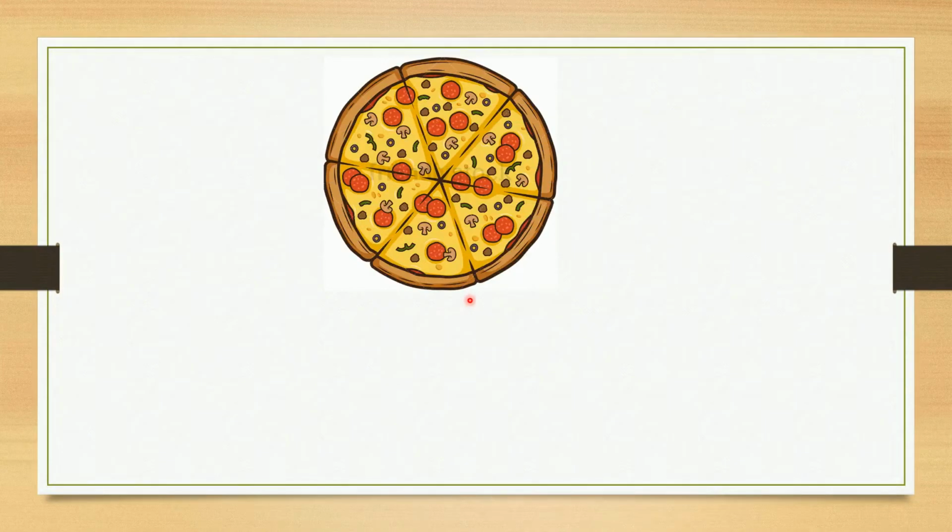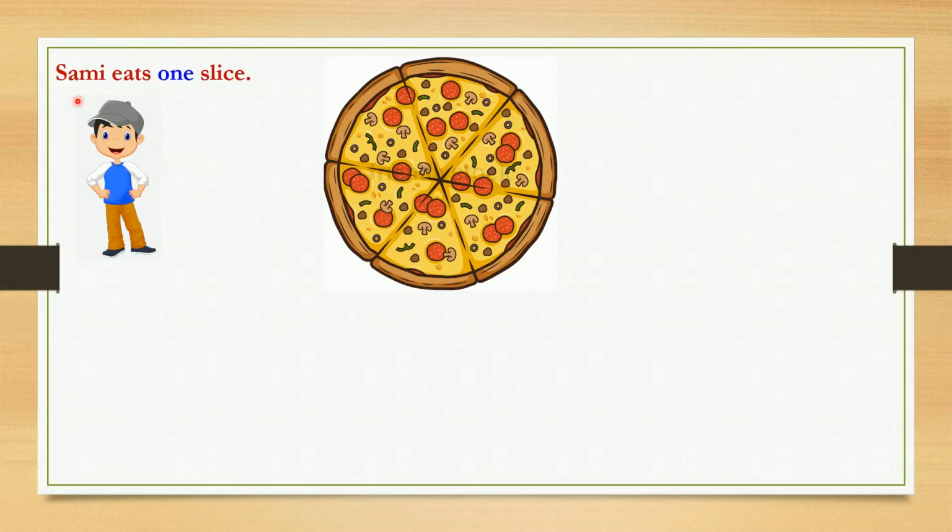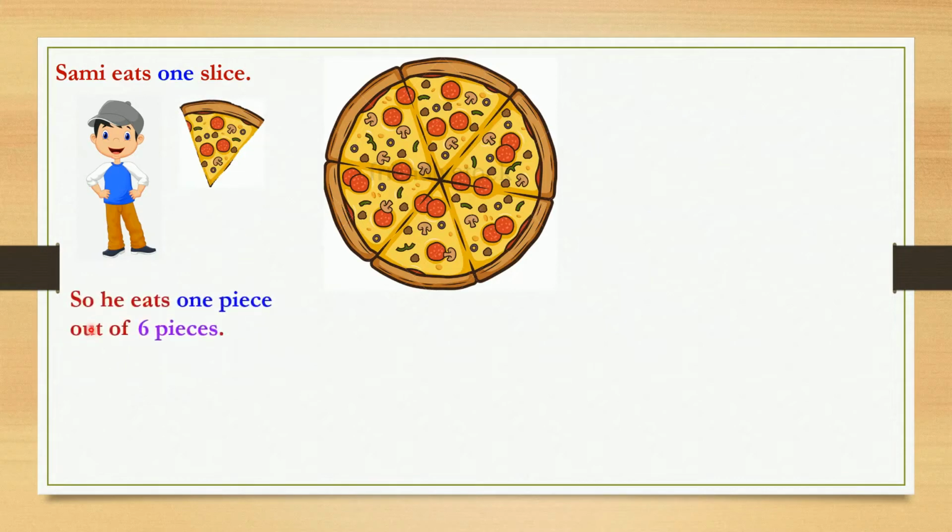Now let's take again this pizza. Here we have a boy named Sammy. Sammy eats one slice or one piece, as you see here. So he eats one piece out of 6 pieces.